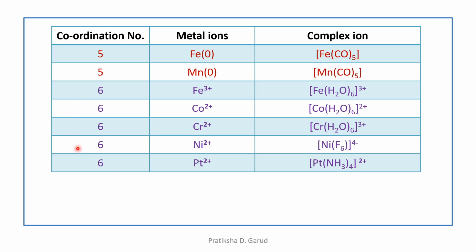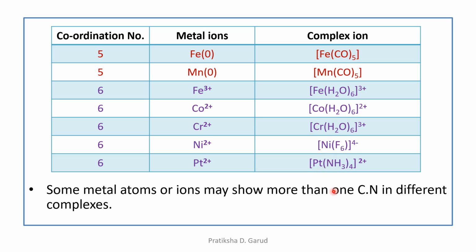And the next, there is the coordination number 6. These are the metal ions in which there are 6 coordinating groups attached to the central metal atom or the ions. So this is regarding the coordination numbers. Here we can say that some metal atoms or ions may show more than one coordination number in different complexes.